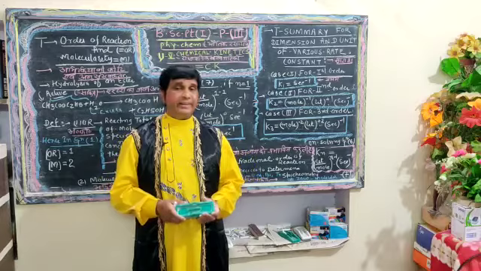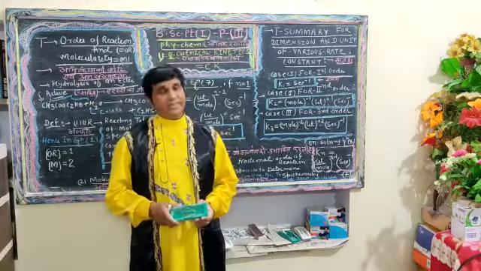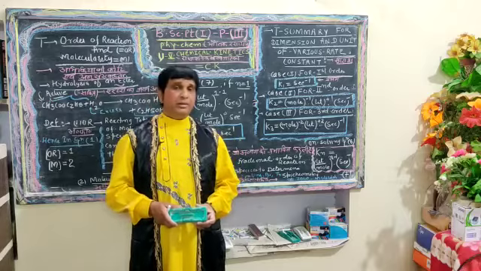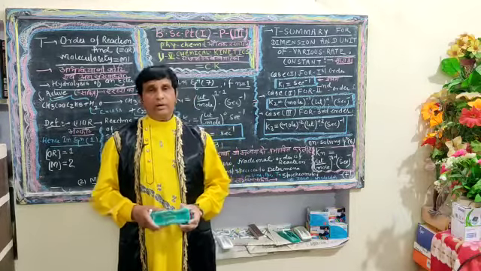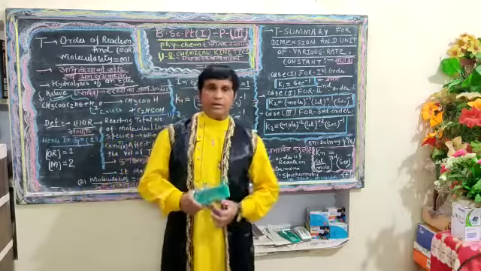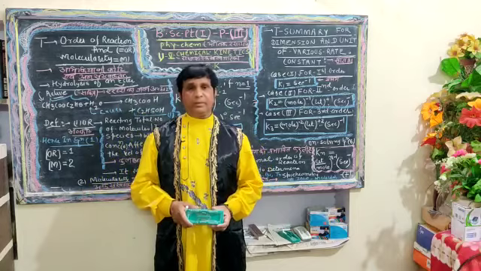Suppose we are asked the unit for a reaction in which 100 molecules or 100 reactants are reacting. It becomes very typical to determine the rate constant for 100th order of reaction.